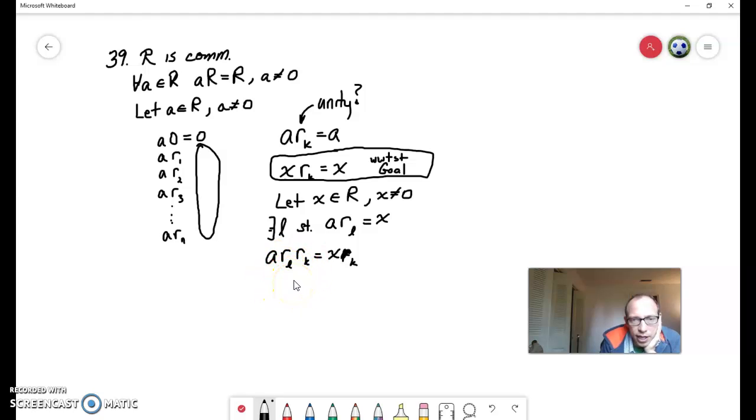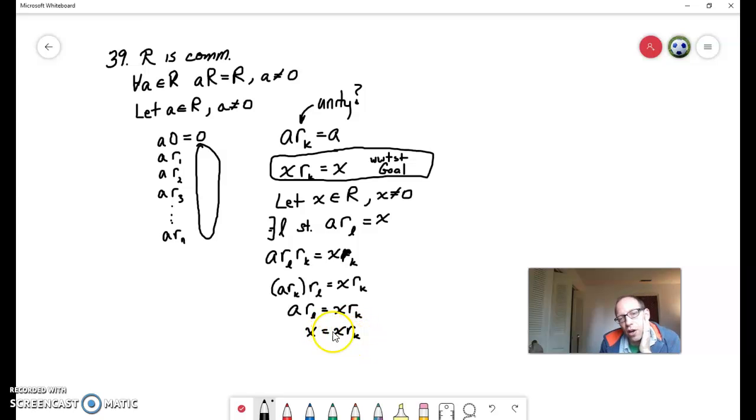So we could say that A RK times RL equals x RK. And A RK, we showed up here, is already A. So A RL equals x RK. But A R sub L just equals x. So we have x equals x RK.